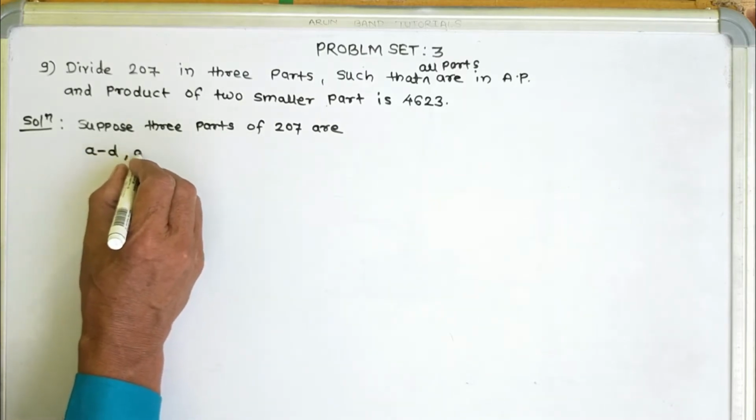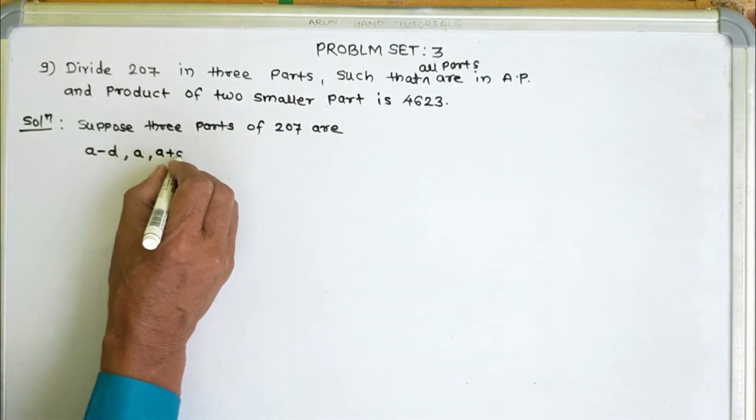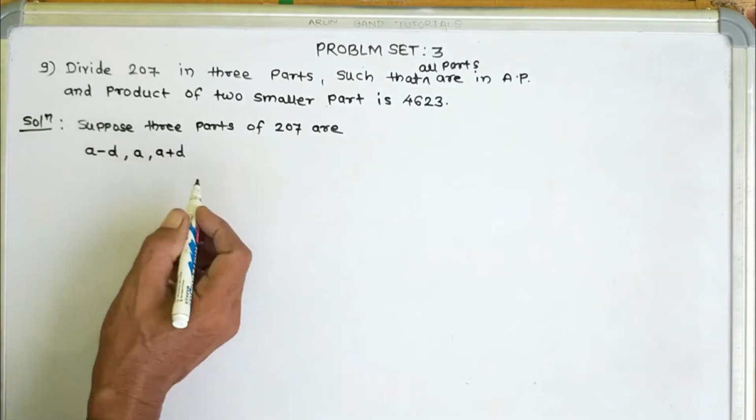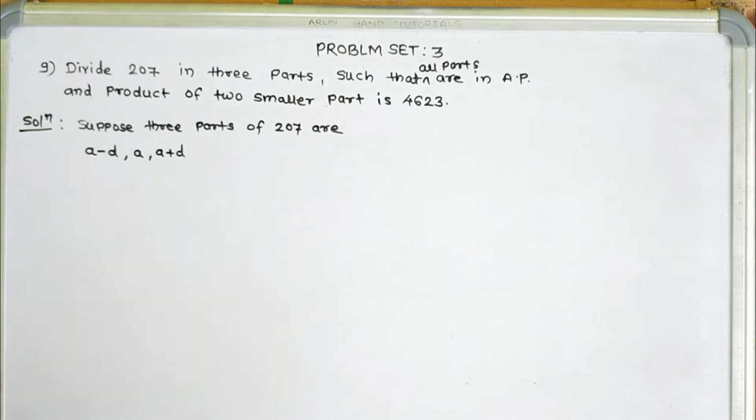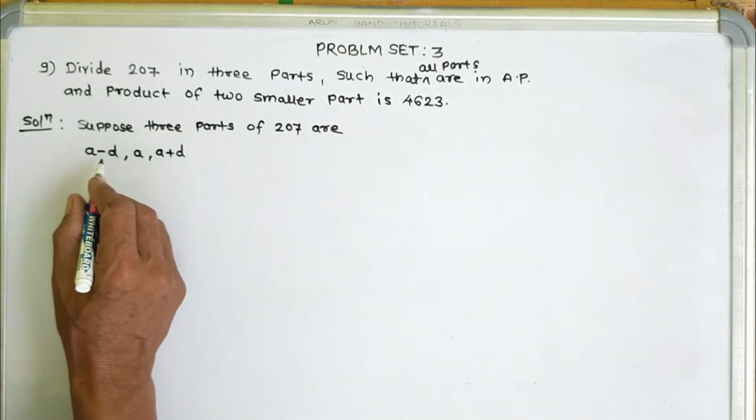Then next part is a and third part is a plus d. Here these 3 parts are in arithmetic progression. Here is difference of d between any two consecutive terms.